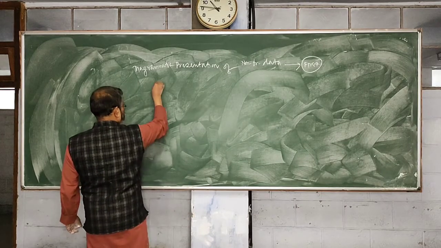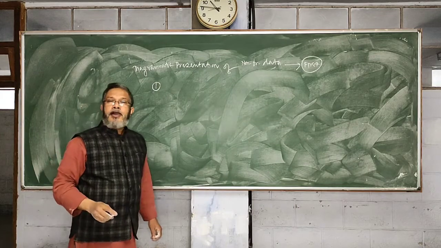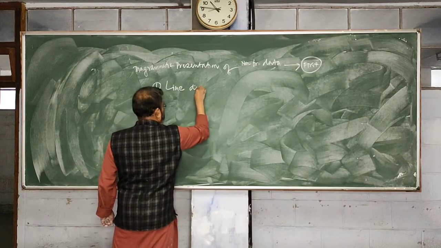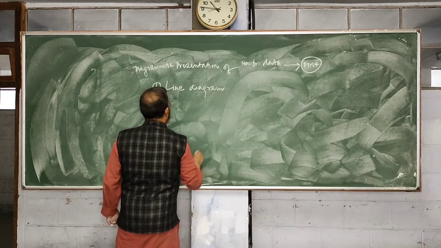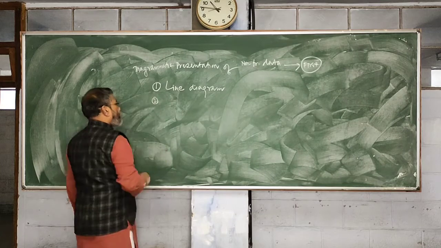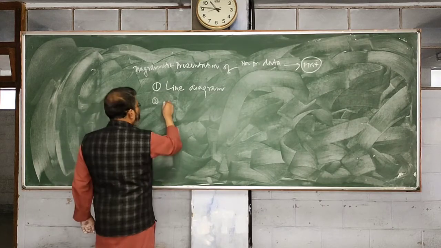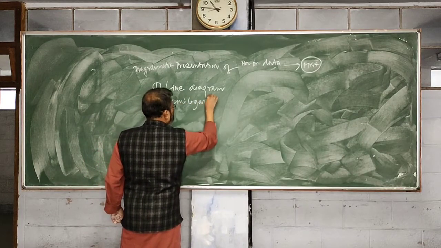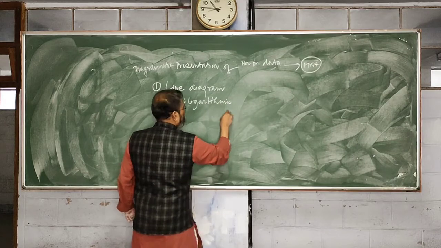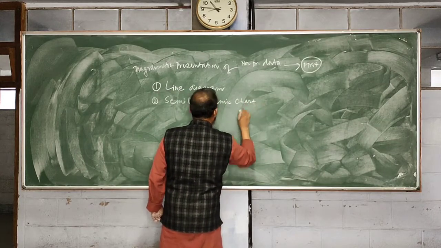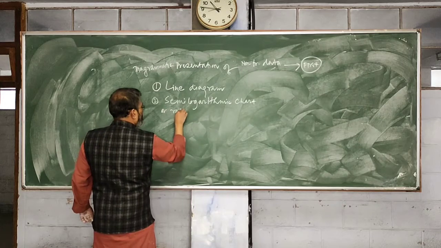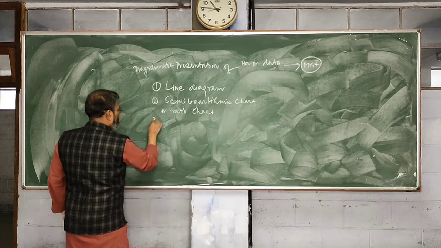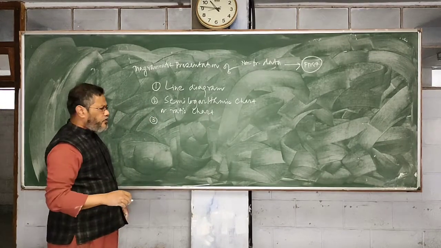Number one, we use the line diagram. We also use the semi-logarithmic chart or ratio chart. We also use the doubly logarithmic chart, which is rarely used.